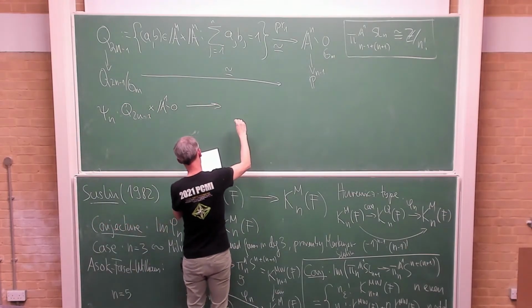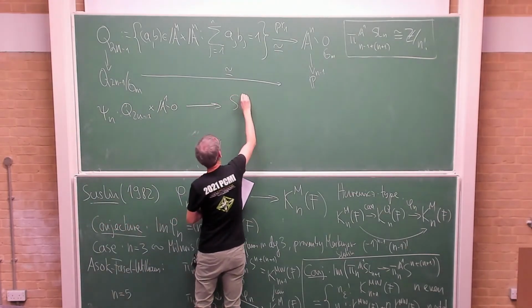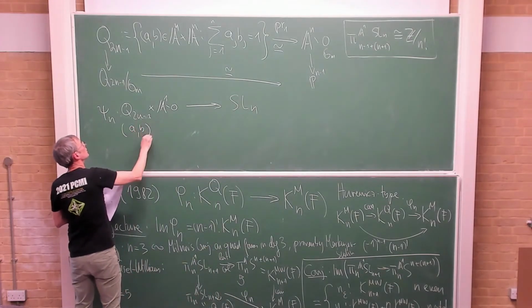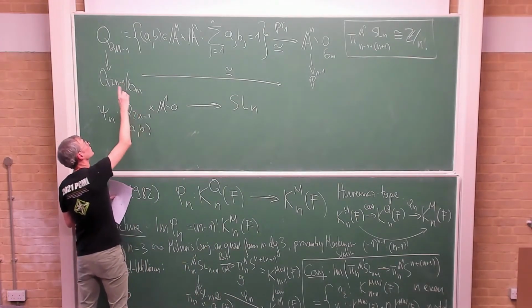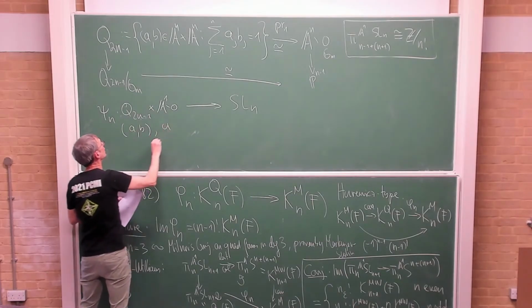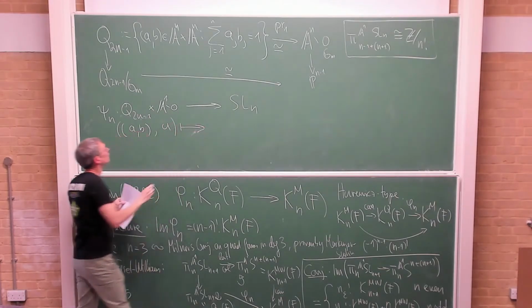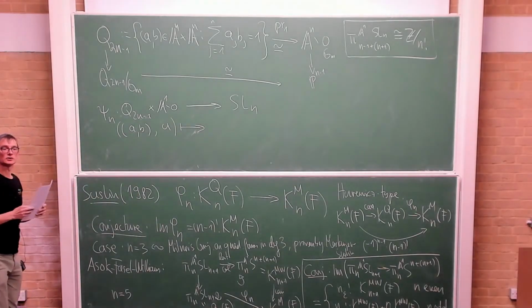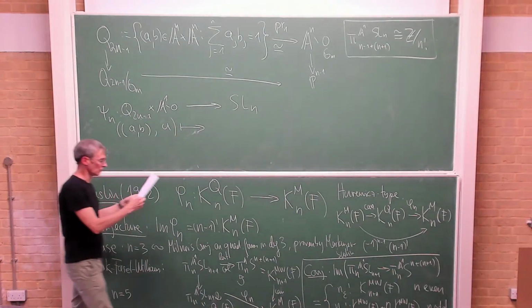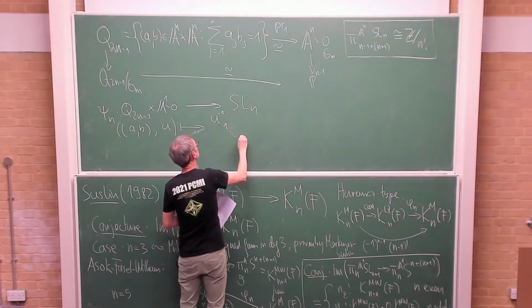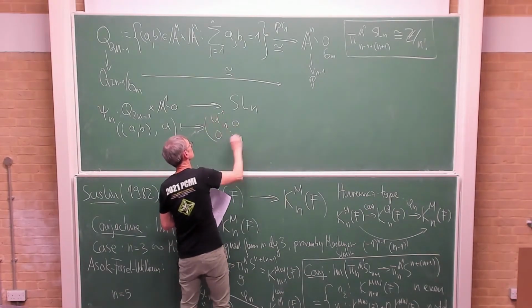So I'd like to describe a map where I take one pair of vectors in this variety and a unit. And out of this, I would like to construct a special matrix with determinant 1. So I take the inverse of u and then lots of 1s on the diagonal.